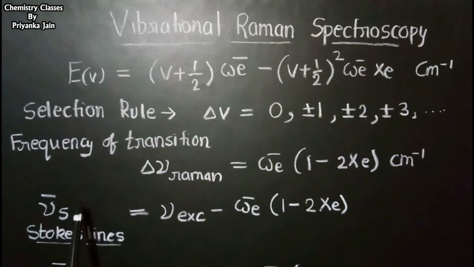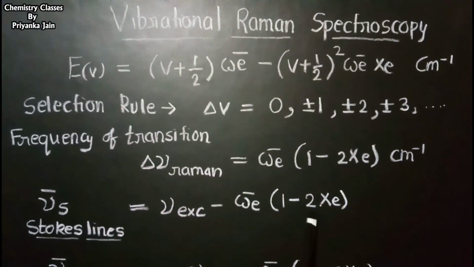So the frequency of the Stokes line will be obtained by subtracting this value from the frequency of the incident radiation. It means the frequency of the Stokes line will be equal to nu of excitation minus omega e bar times (1 minus 2xe).